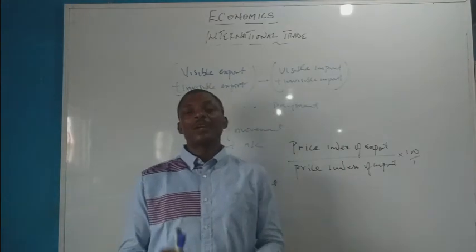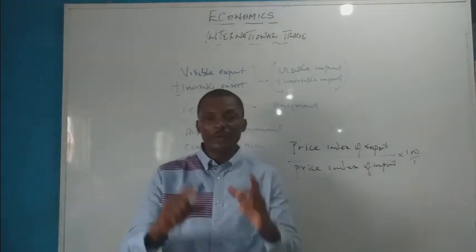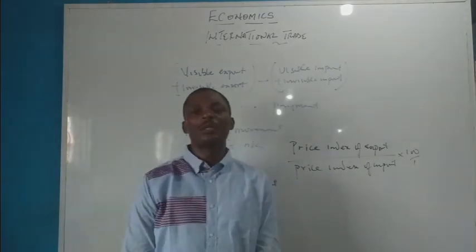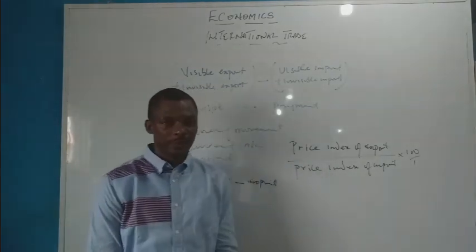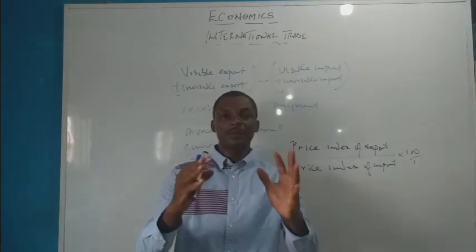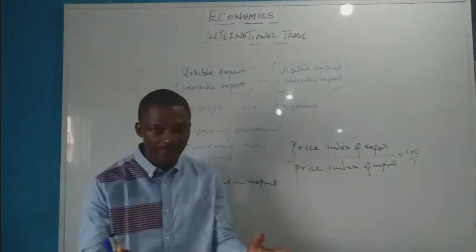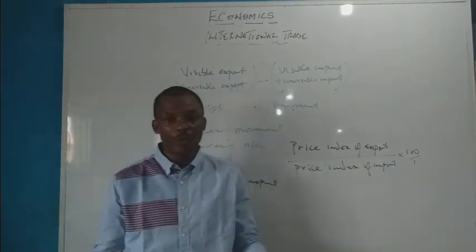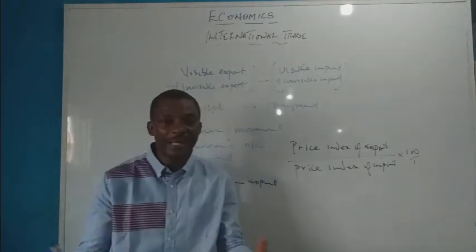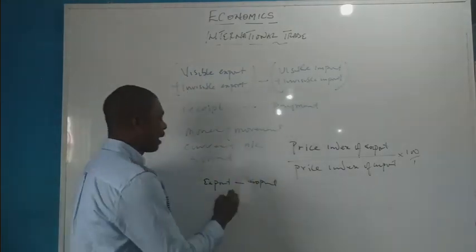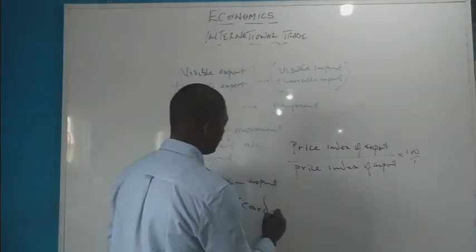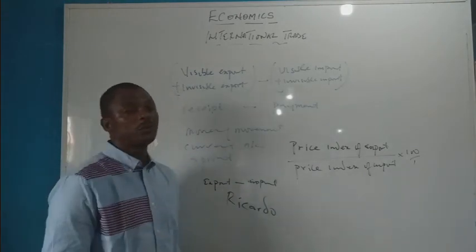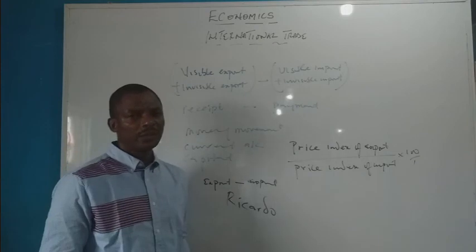That is, a country should produce a commodity in which the real cost or the opportunity cost is lower compared to the other commodity it is producing. Do you understand that? So that was what David Ricardo defined as the comparative cost advantage, which was actually formulated by David Ricardo, R-I-C-A-R-D-O. That was David Ricardo's formulation for comparative cost advantage.